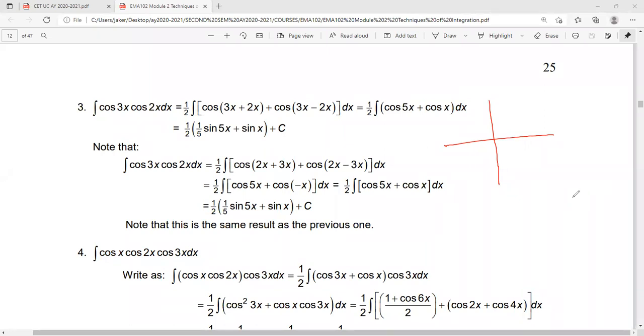So look at me here. If I measure, kindly mute yourself. Kindly mute yourself. Thank you.